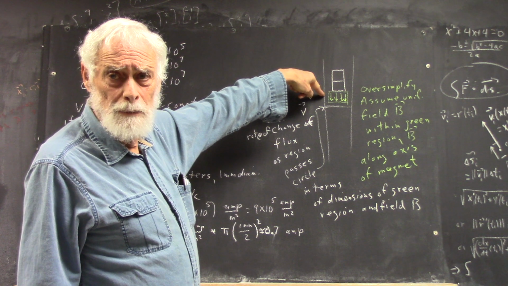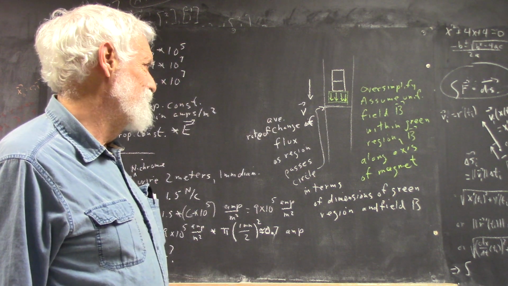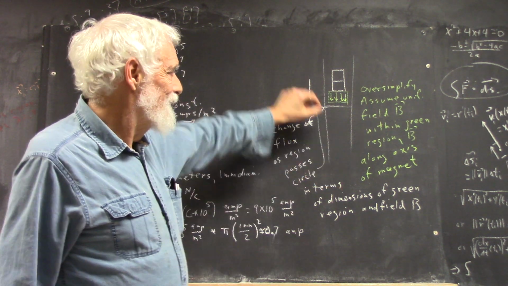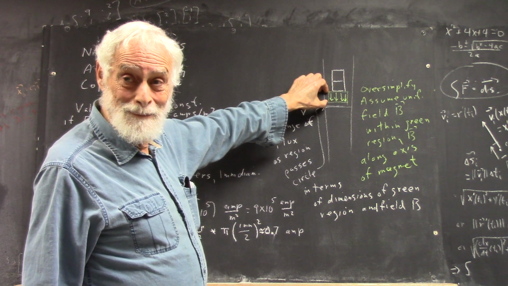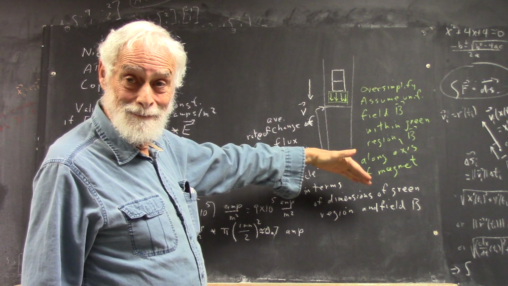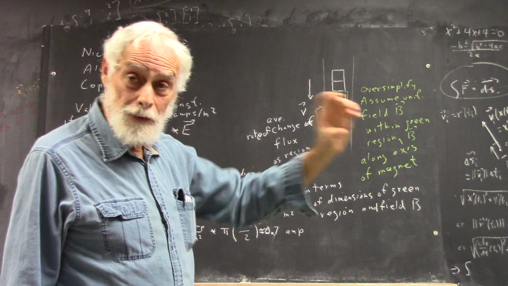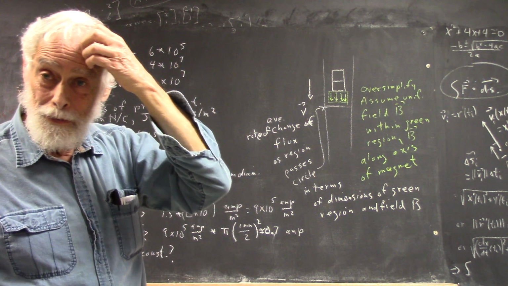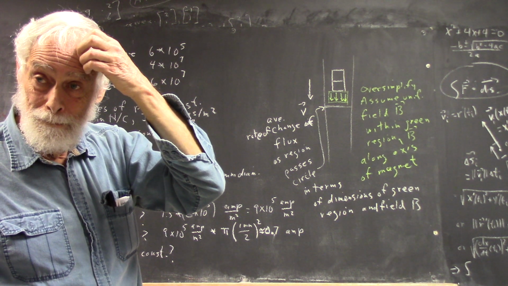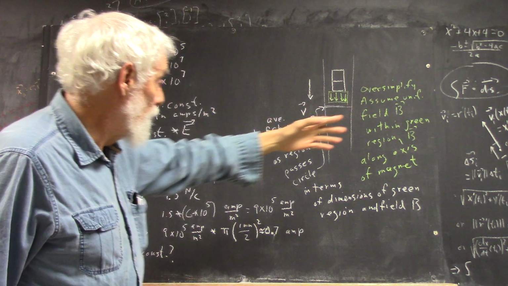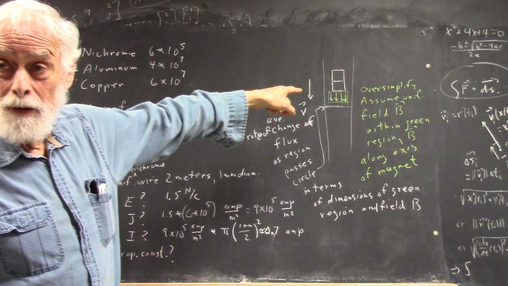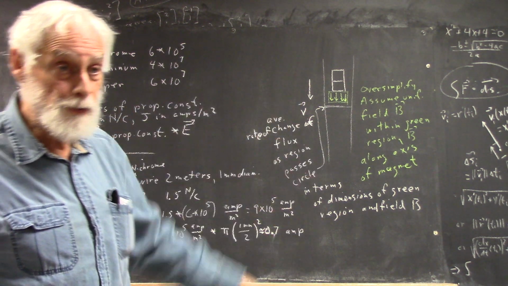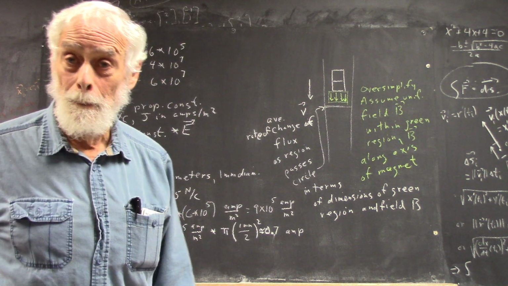It's actually integrable. But we'll do an oversimplified model. There's no field outside of here and an average field inside of here that's going to give you the same amount of flux. Okay? But you combine that with this, you can estimate the electric field. And then you can estimate the current.